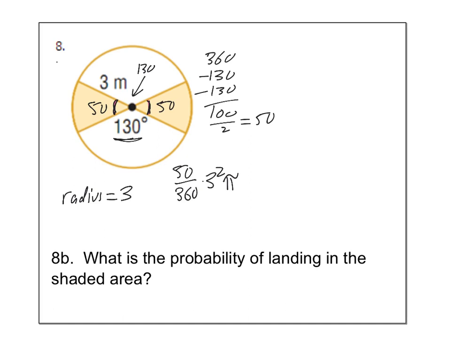What I will get is 3.927. Now, that 3.927 is just going to be one of these little pie pieces, pizza pieces.